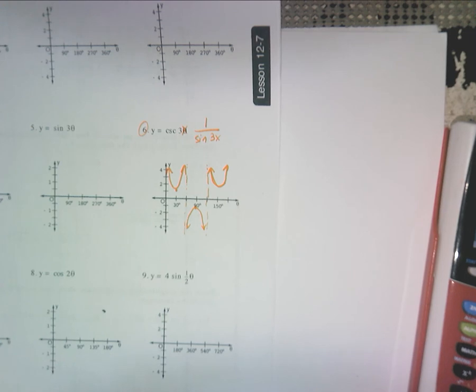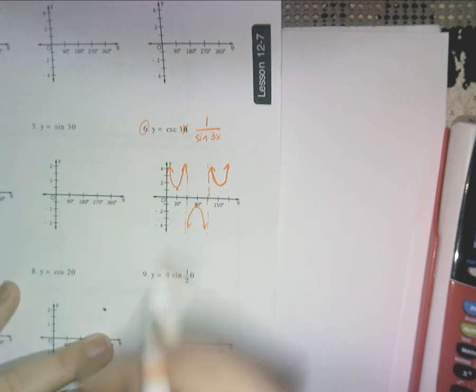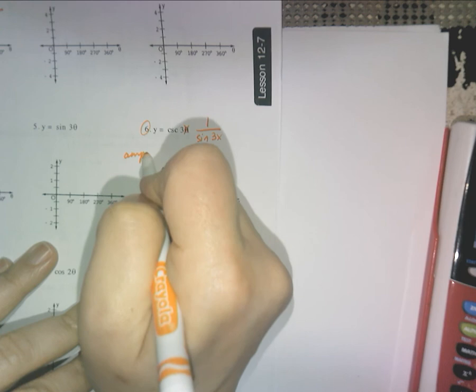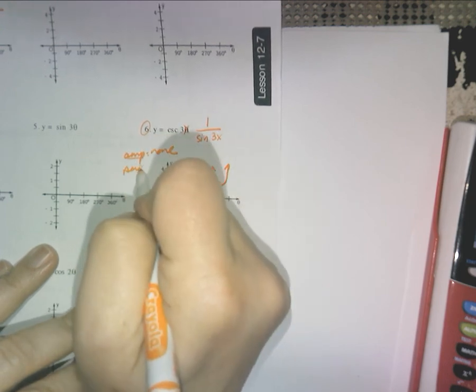Now here's my question to you. What is the period? Well, actually, let's do the amplitude first because that's easy. What's the amplitude? How high is it going? What's half the distance? None. What is the period?